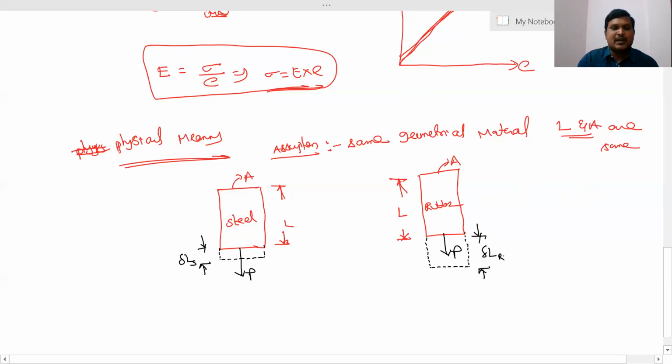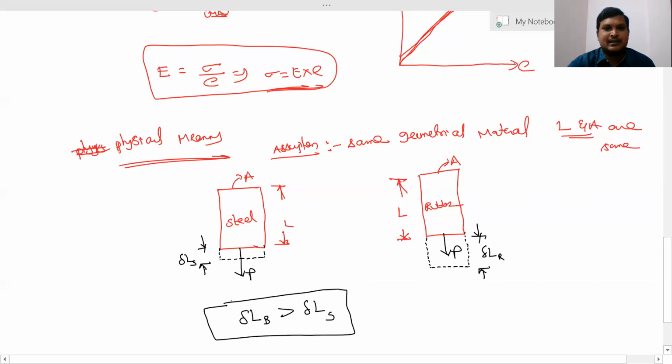Even if you apply the same load to different materials with the same geometry, meaning both length and area are the same, the steel is less deformed and the rubber is more deformed. So we can observe here delta L rubber is greater than delta L steel. This is our first note from conducting this experiment.